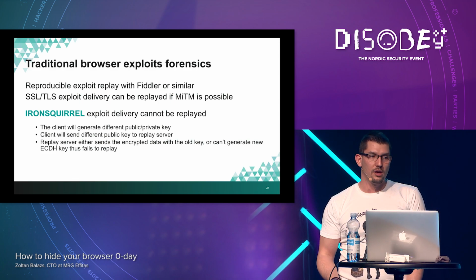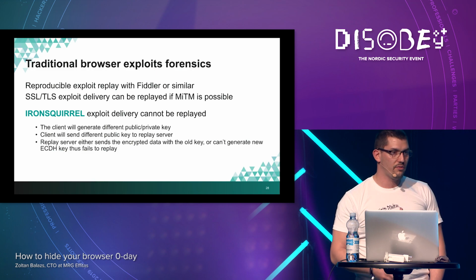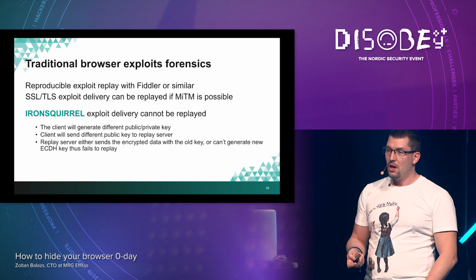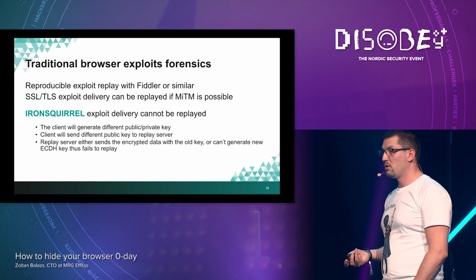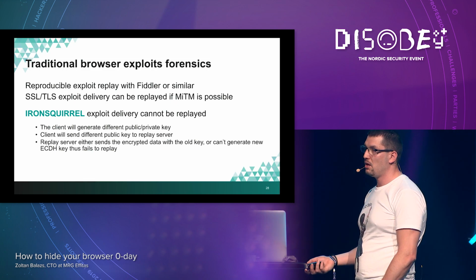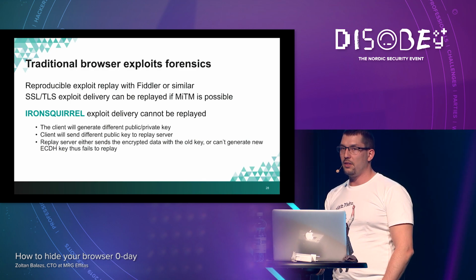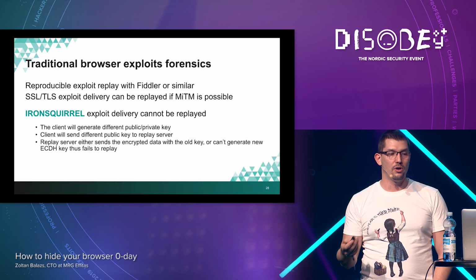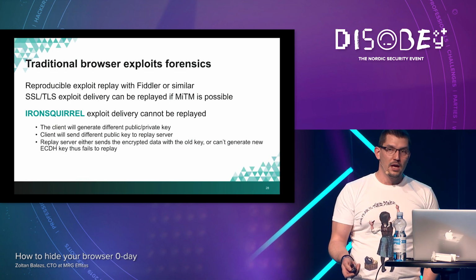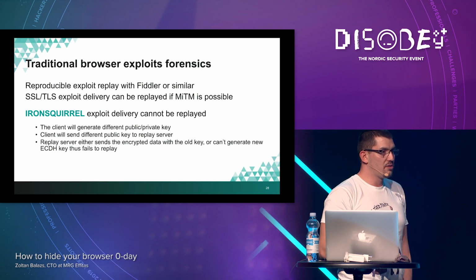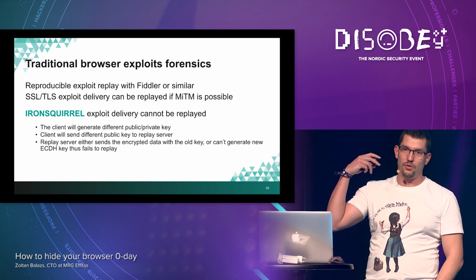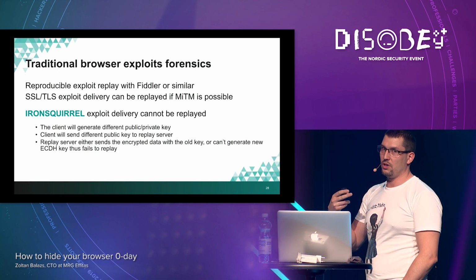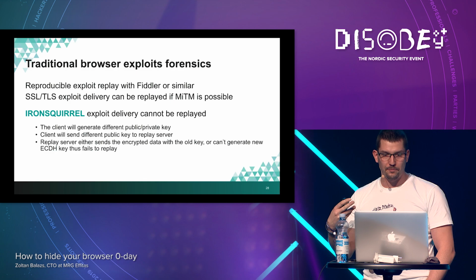Once it was running in the environment and you have a network dump from that exploit, you cannot replay it, because the client will generate a different private key and a different public key, and now the client will send this different public key to the replay server, and now the common secret will be different from the first round when the client was infected, and the second round when you try to reverse engineer the code.